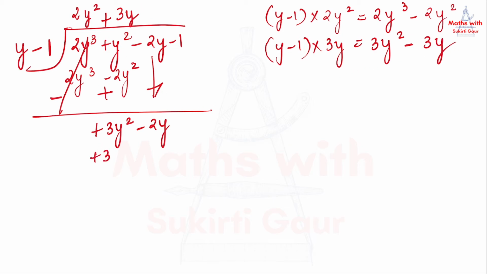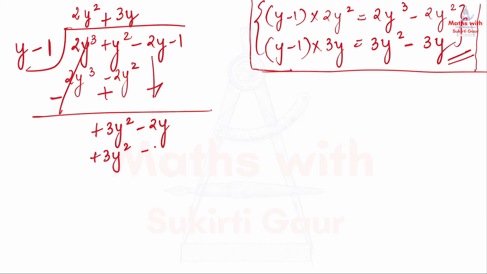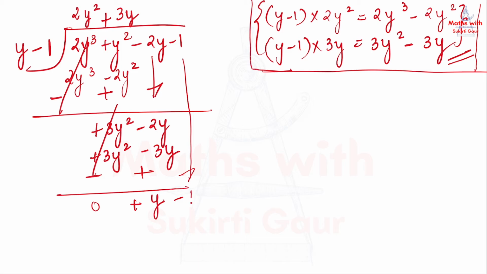So plus 3y square minus 3y. Sign changes and it becomes plus y, since minus 2y plus 3y is plus y. Here we have minus 1.